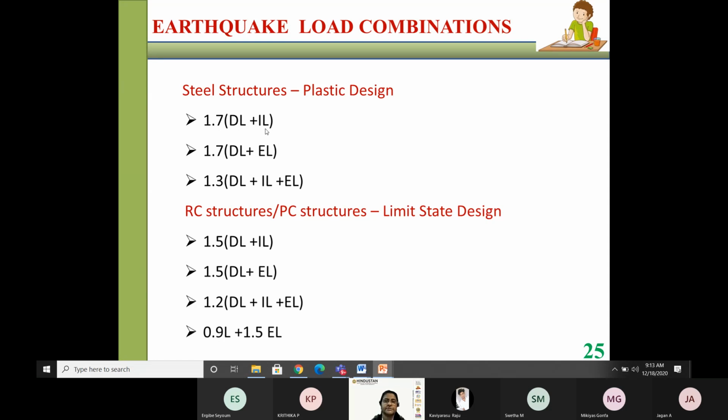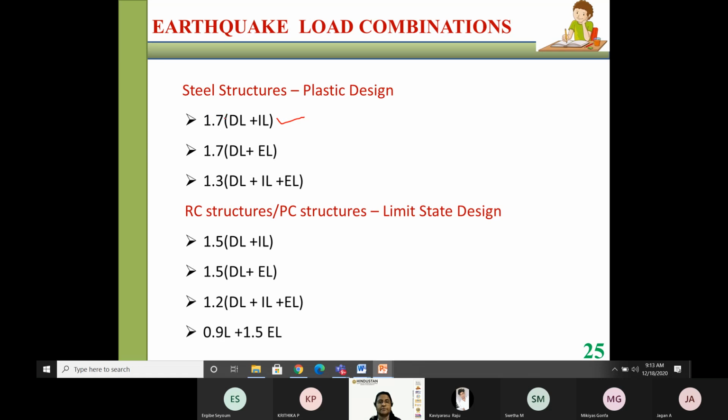IL represents imposed load or live load. So one combination is 1.7 (dead load plus live load). What is this 1.7? 1.7 is the factor of safety, so whatever the dead load, we multiply it by 1.7.